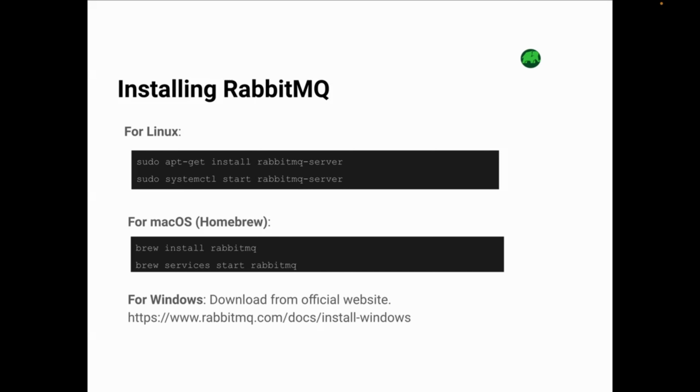Homebrew will handle the download and installation. Once it is installed, we will start RabbitMQ as a background service with this command: brew services start rabbitmq. After running these commands, RabbitMQ should now be running on your Mac. With Homebrew, managing services like RabbitMQ is straightforward, and you can use brew services stop rabbitmq to stop it when needed.